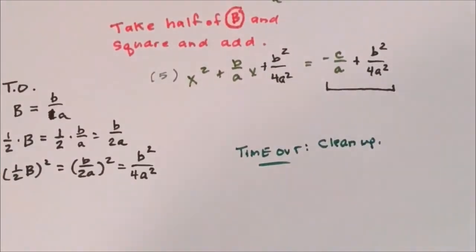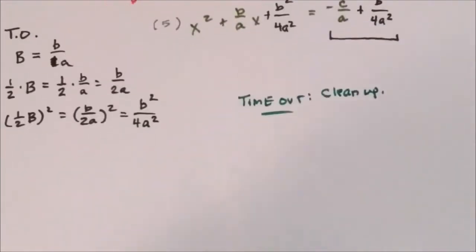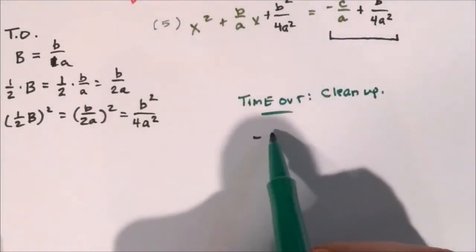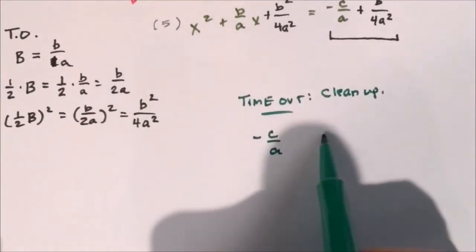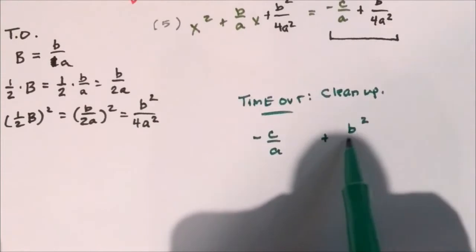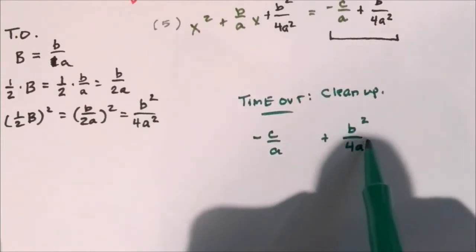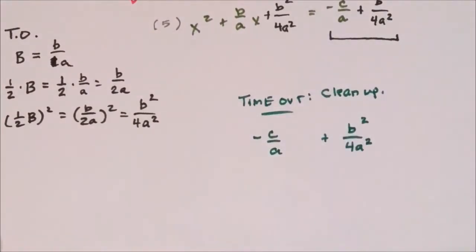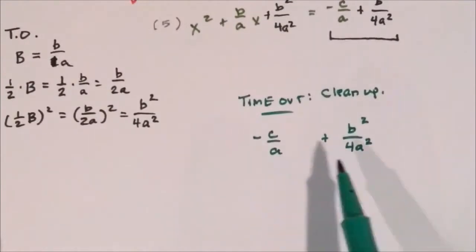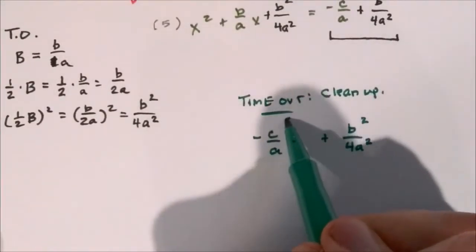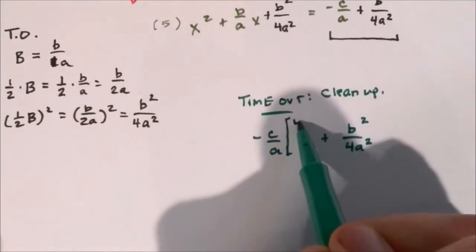Okay. So, just so you guys understand, I have minus c over a plus b squared over 4a squared. I'm telling you, you need to know everything. So in order for me to add these, the first thing I have to find is a common denominator.